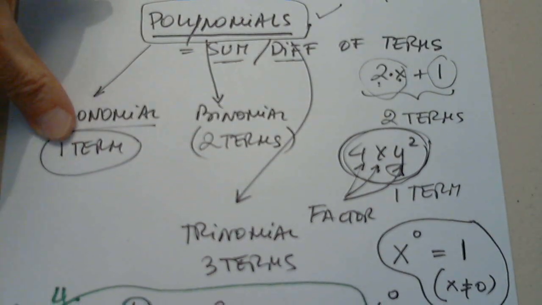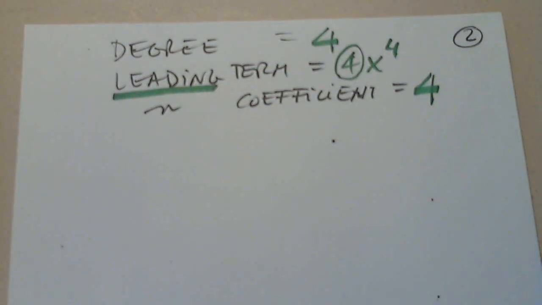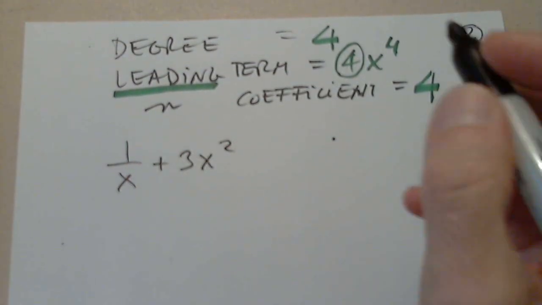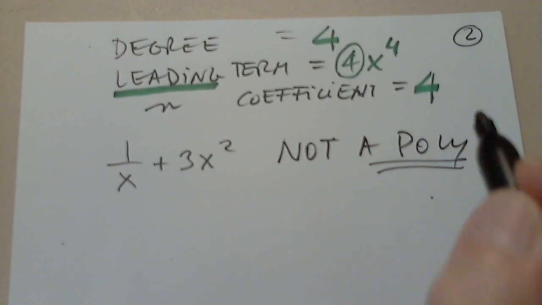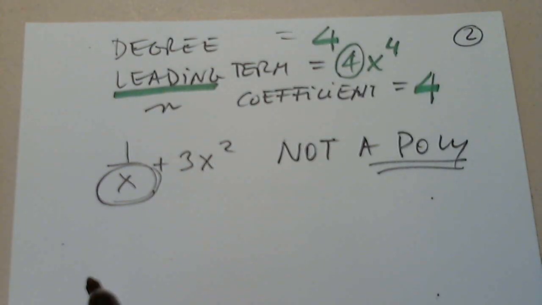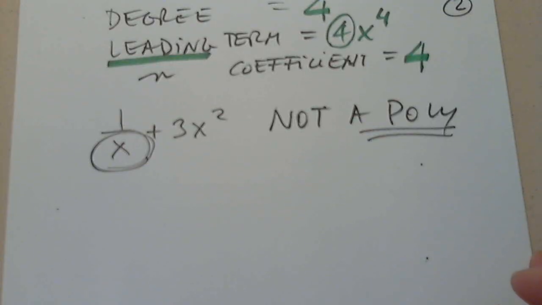So if you see an expression like this, and I ask you, is this a polynomial? 1 over x plus 3x squared. You will have to say not a polynomial. A polynomial cannot have x in the denominator. That's not allowed. So please remember that.